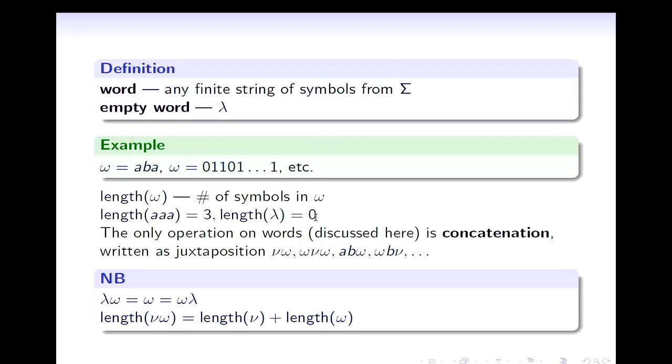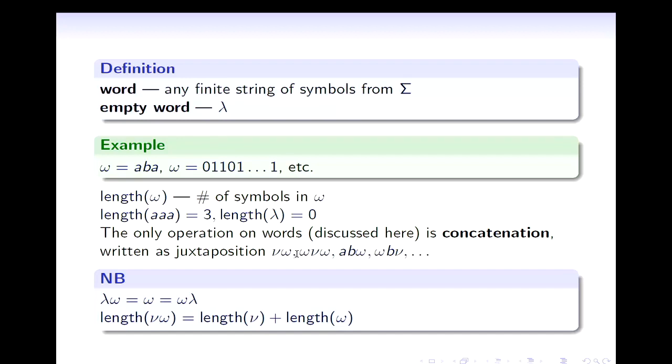We can do lots of interesting things with words when we combine them. The only operation on words that we are interested in in this course is concatenation. And concatenation is written as just gluing together individual words. So when we have two words V and W, by VW we mean the first word immediately followed by the second word.